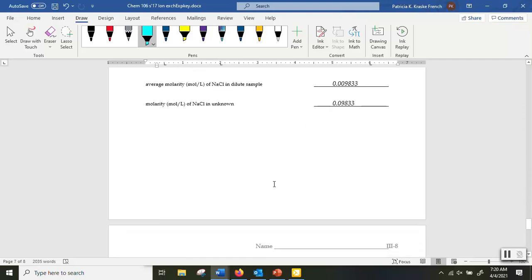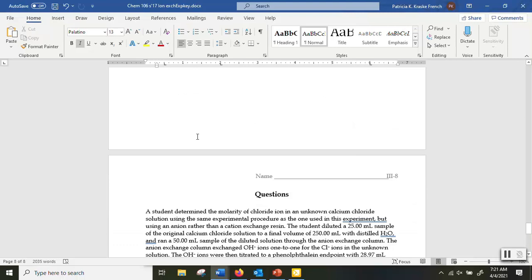Okay, so your calculations are done. Now we get to the questions, which is your post-lab for this week. The only difference between what you did and what this is that you use calcium chloride in the questions, and that we're doing an anion exchange this time. So this time we have all those little beads that have OH on them, and you put the calcium chloride in, and off it comes.